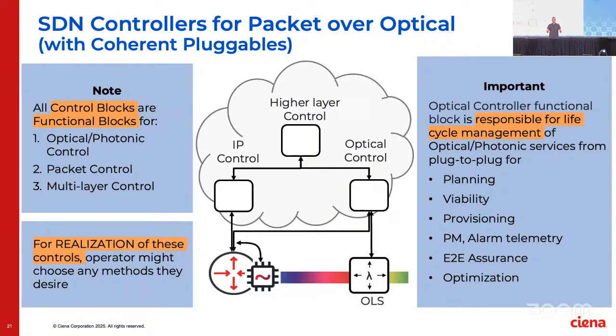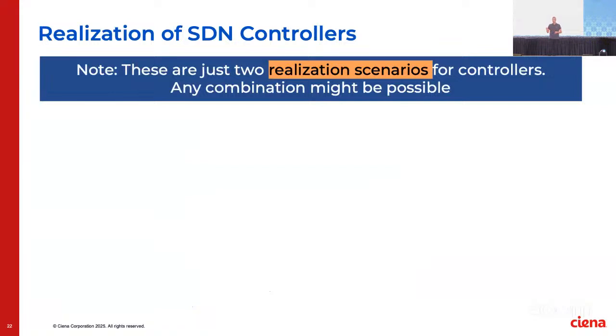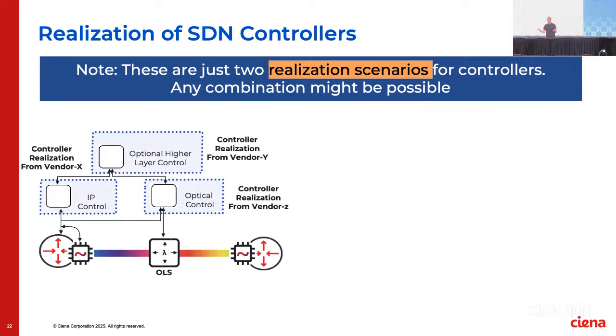Just for an example, I put two realizations of that. This is just two of them as an example. It could be any combination you want. Now, I call it controller. You see outside, everything is controller. Now, these are realizations. I can go with three vendors: IP controller, optical controller, multi-layer controller.